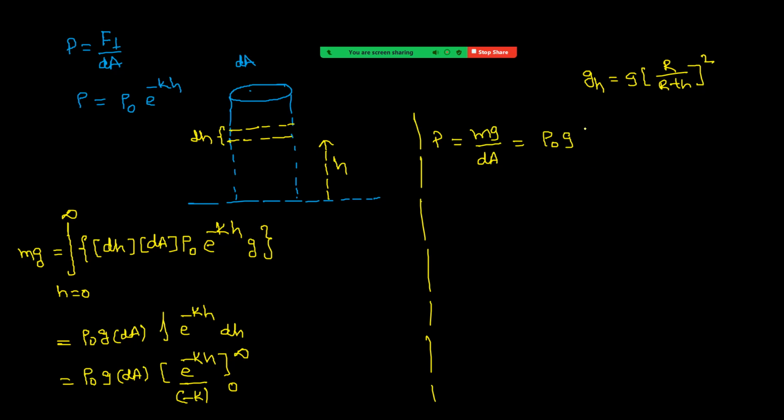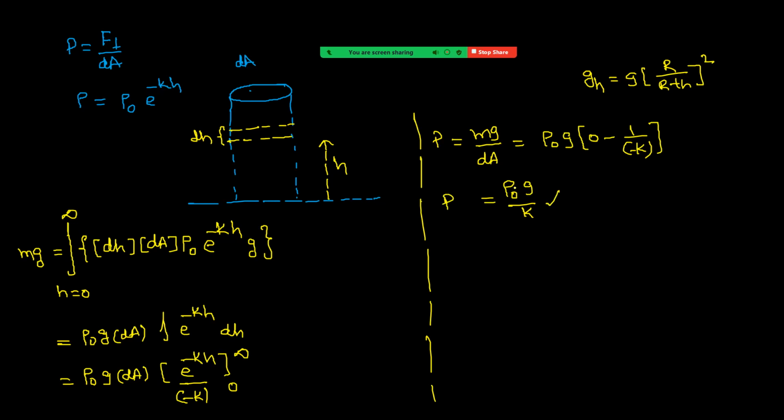It becomes 0 minus 1 by minus k, so that is equal to rho naught g upon k. That is now the pressure at sea level.